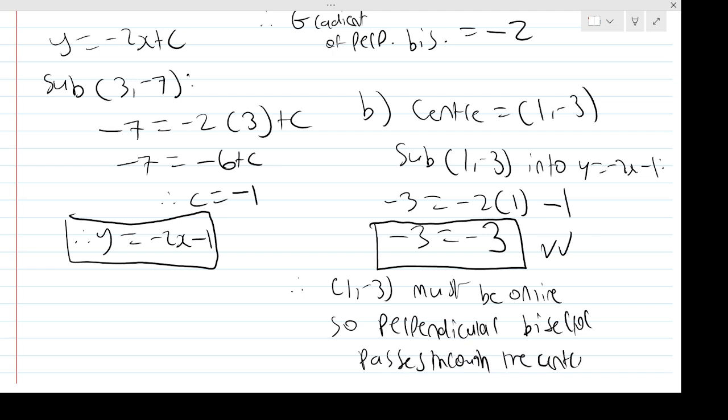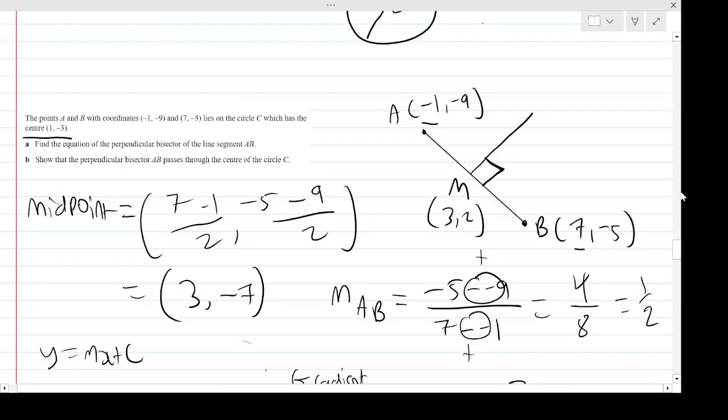Because the perpendicular bisector, again, is this line here, and the centre was this point here. And the point satisfies the equation of the line, which means the point must be on the line. Cool, there we are, finally. Had some little hiccups there, but we got there in the end.